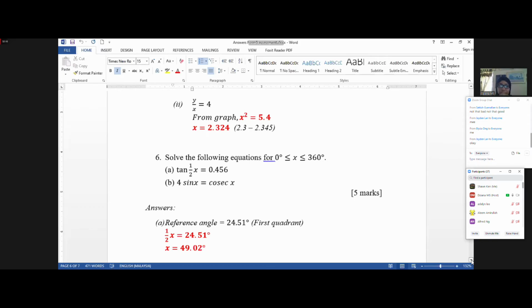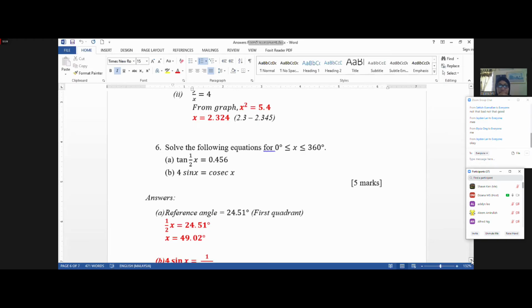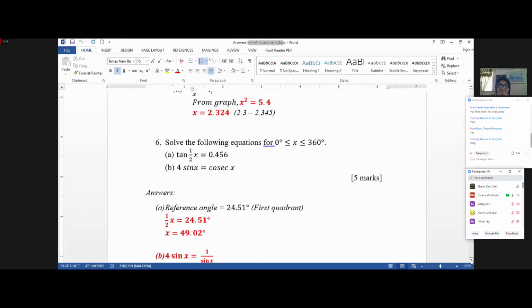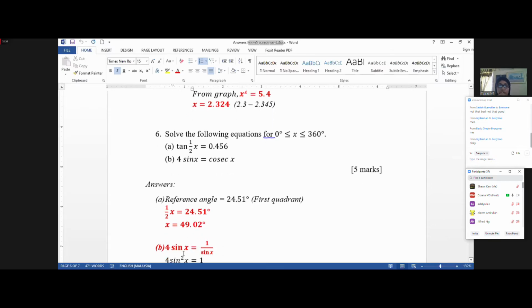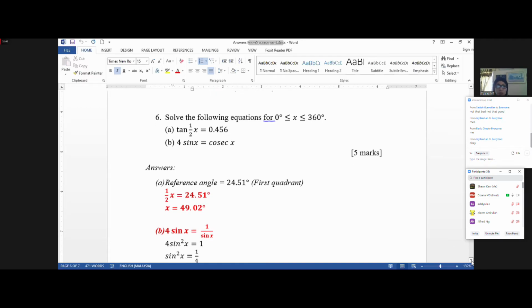Okay. For 6b, this one you must know what is cosec x. Cosecant is 1 over sine. So if you have this one, 4 sine x equals to 1 over sine x, you can get 1 mark. And then cross multiply, you get 4 sine squared x equals to 1, sine squared x equals to 1 over 4.